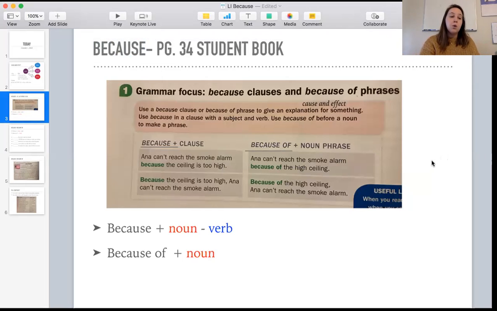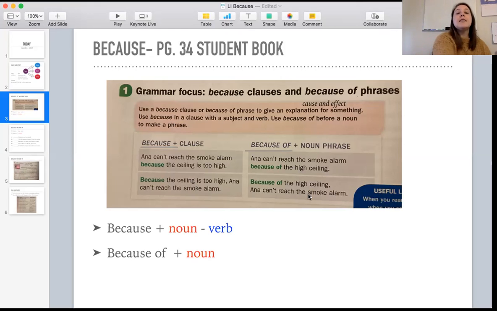If you have the older book, you're not going to see this box here, but you will see all of these same examples.